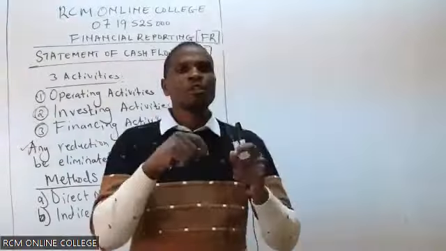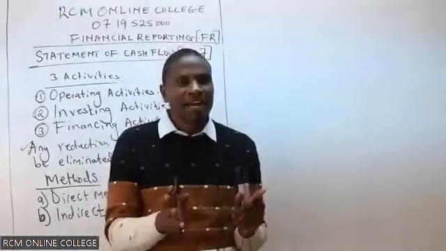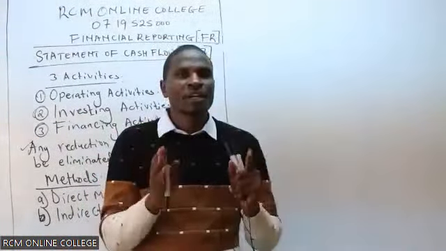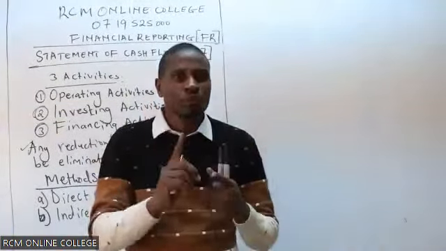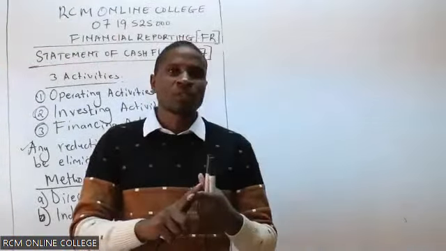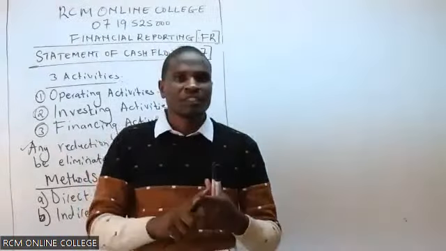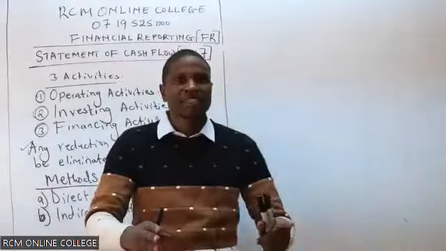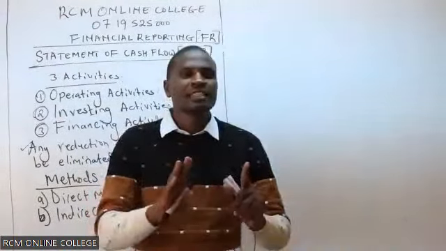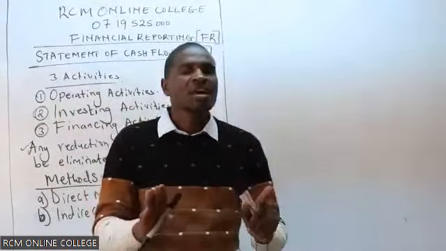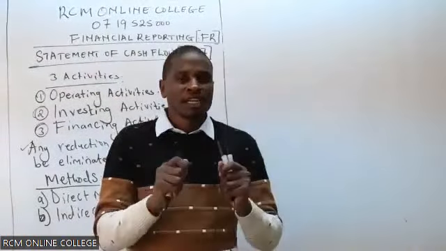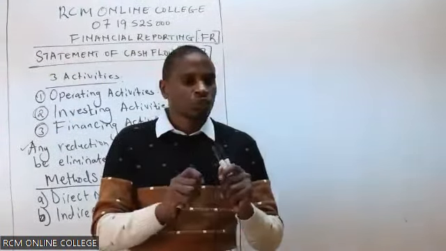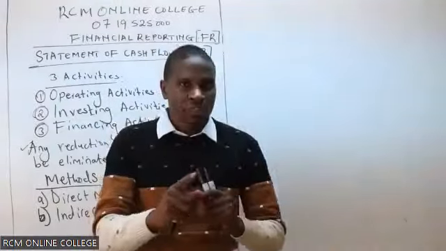Remember, the difference between the two methods is just found under operating activity. That means from investing activity up to financing activity, the other things are similar. But when it comes to operating activity, that is where we draw the line.